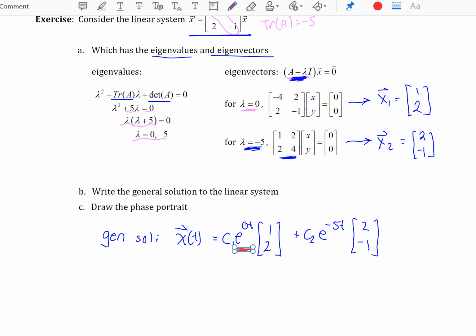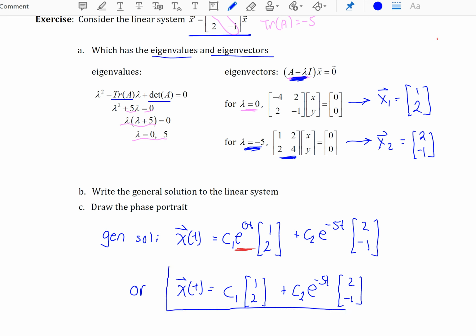So I feel like I want to rewrite this as x of t equals just c1 times our vector 1, 2 plus c2 e to the -5t times 2, -1. Now, regardless which way you write your solution, I kind of feel like the second one is a nicer form for our solution. But technically, both of these are correct.